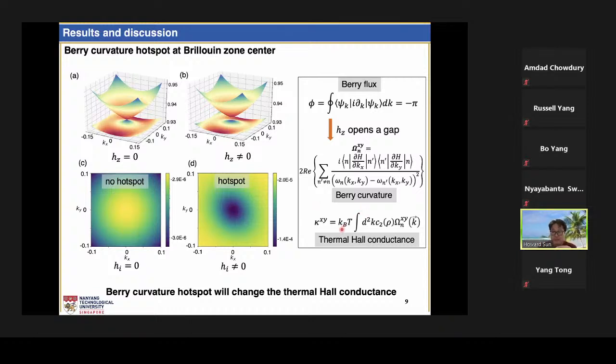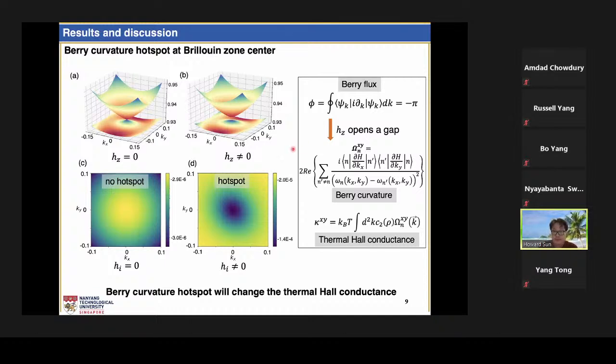From the thermal Hall conductance calculation, we showed that this induced Berry curvature hotspot can contribute to the thermal Hall conductance, which means that this thermal Hall conductance can be different if we apply the in-plane magnetic field.